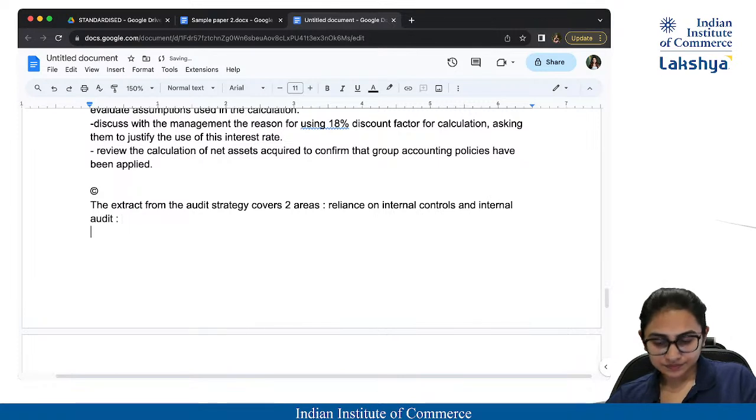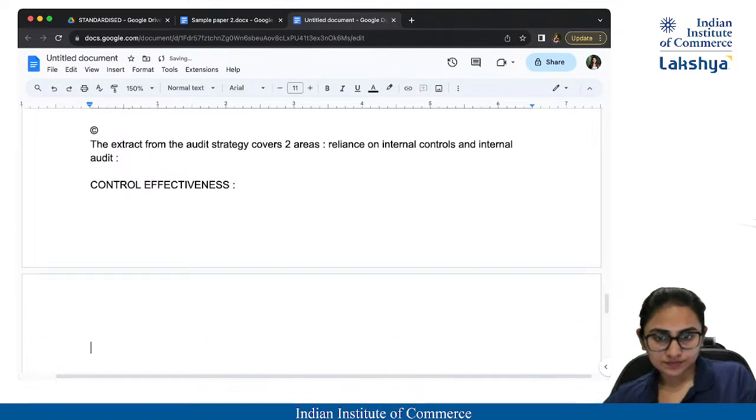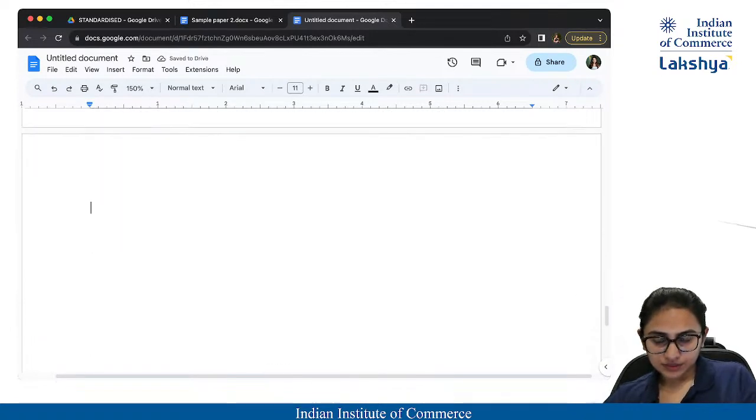Okay. So let's write about control effectiveness, clubbing both the points together. So what can be written about that?